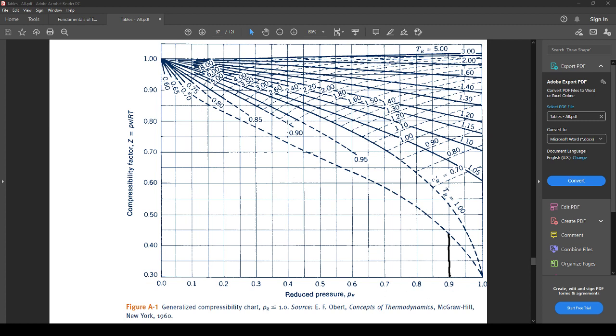So let's find 1.2. So 1.2 is right here. So you can imagine that 1.22 is like a little slice right here, right? So we need to go up where that matches. So slide all the way up.